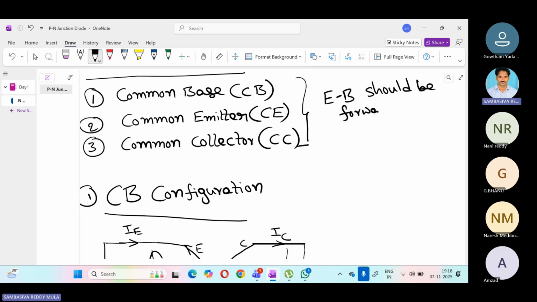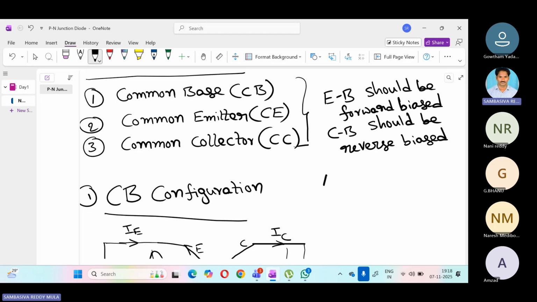As in the PN junction diode, we know what biasing means. Emitter to base should be forward biased. Collector to base should be reverse biased. If you operate it like this, the transistor will be in the active region.